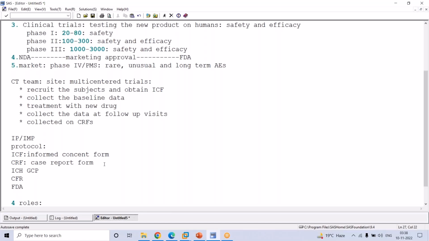The case report form is a data collection form, a data collection tool, available in paper and electronic. Nowadays, everyone is using electronic forms. Okay. This is the data collection tool used to collect the data from the subjects.